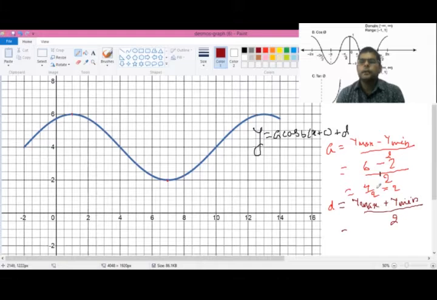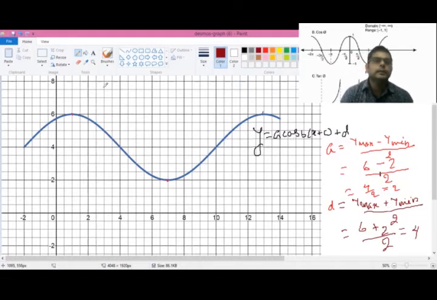The y maximum is 6 here, you can see from the graph that it is at y equals 6, plus y minimum is 2, divided by 2, so 8 by 2 is 4. So we already have the values of a and d. Let's note down that the value of a is 2 and the value of d is 4.